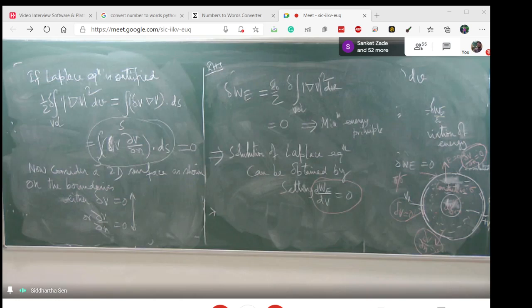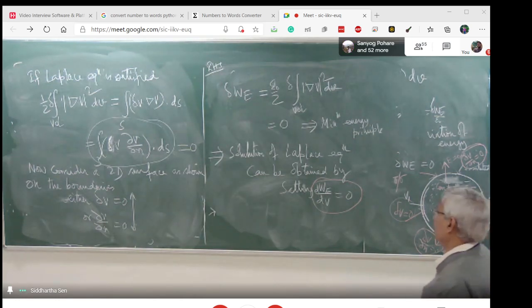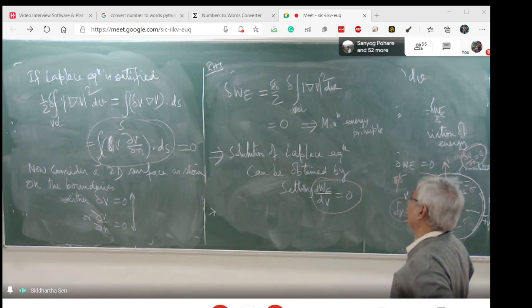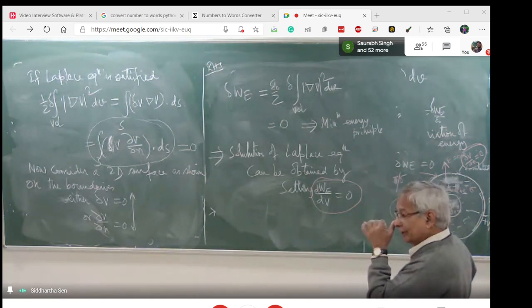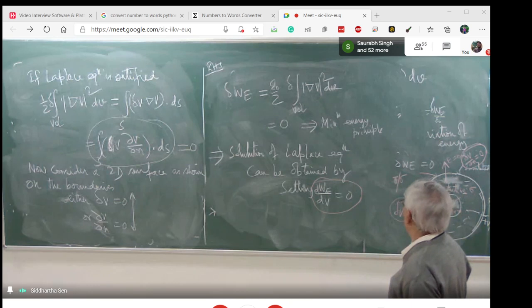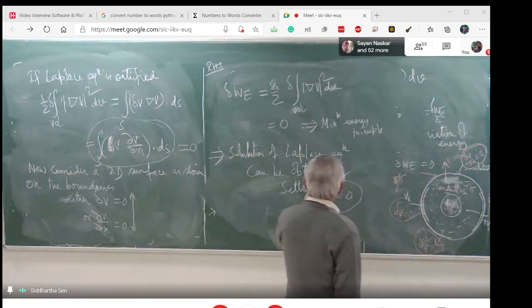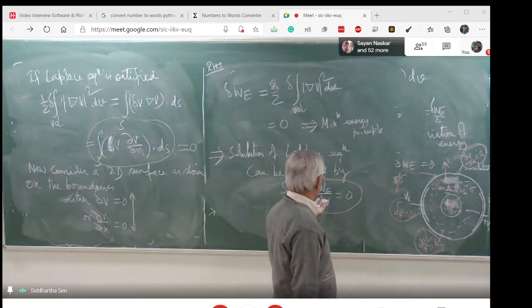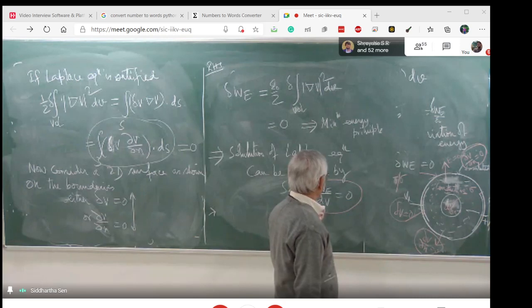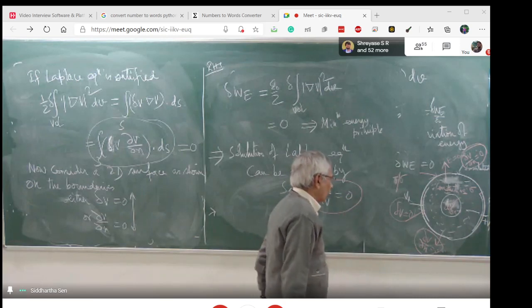We will see after the break how you apply the finite element method and how you solve it. But mind it, in the finite element method we will ultimately have to see that whatever be the energy stored, if we vary it with voltage, that should always be 0.